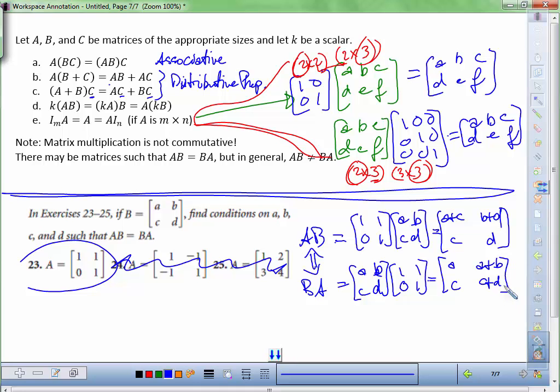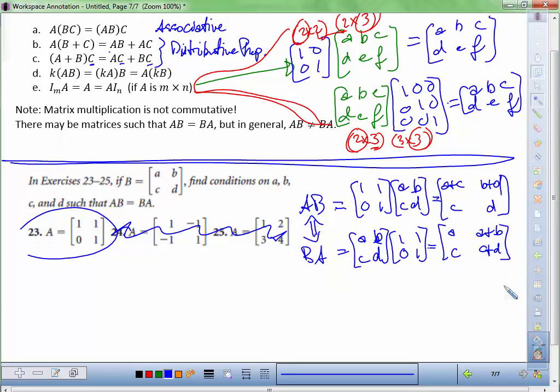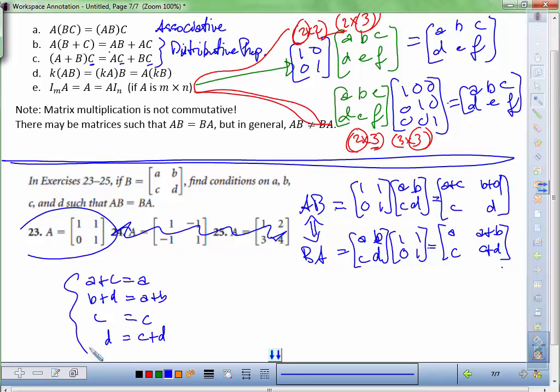Now, if they were to equal each other, these components should equal each other across the way, right? So we have A plus C should equal A. B plus D should equal A plus B. C should equal C. And D should equal C plus D. So what do we have here?